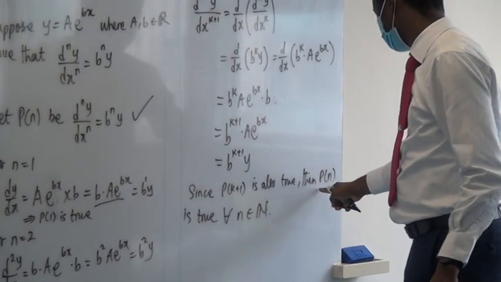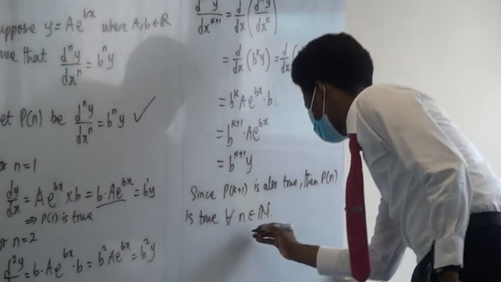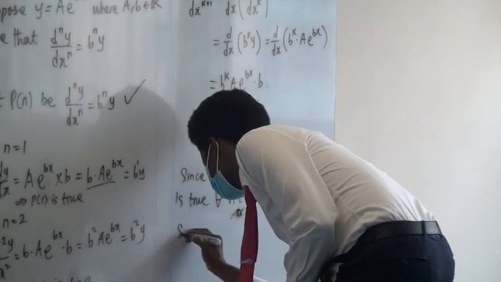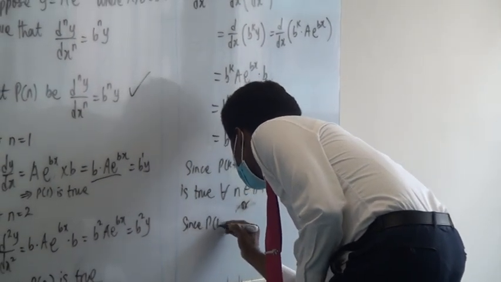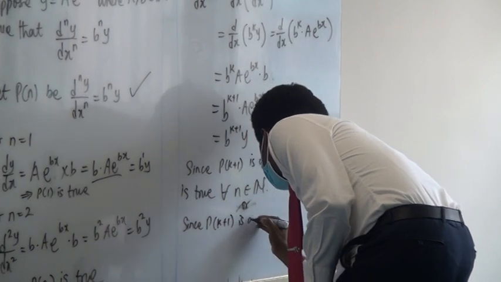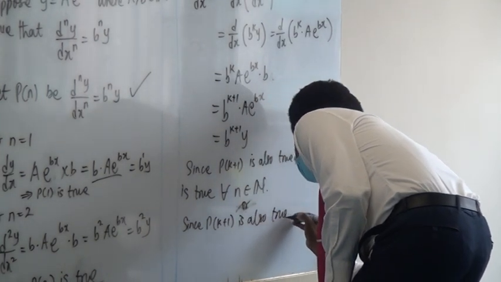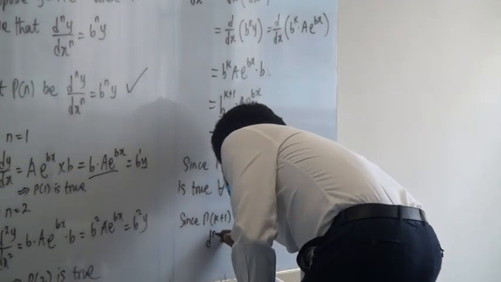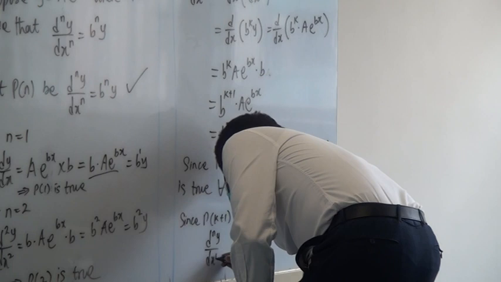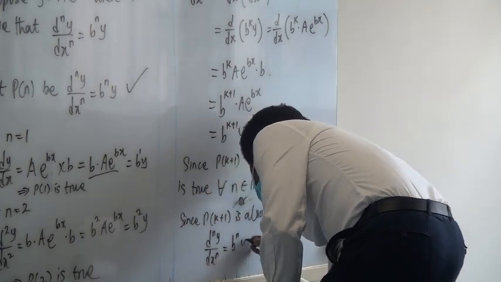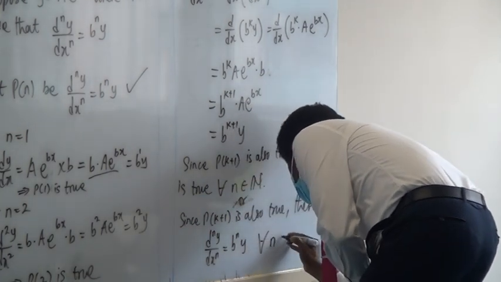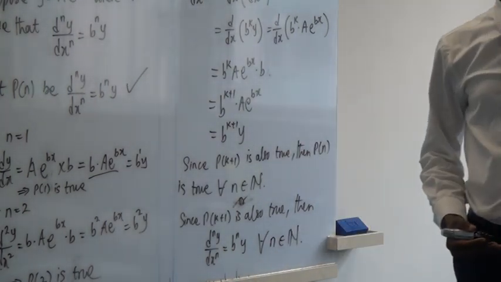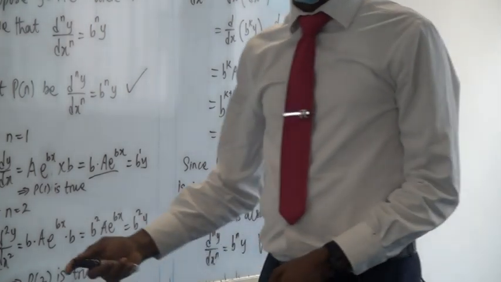If you don't want to say that Pn is true, you can say, since P(k+1) is also true, then the statement d^n y/dx^n is equal to b^n y for all n belonging to N, or Z plus. Understand? Thank you very much.